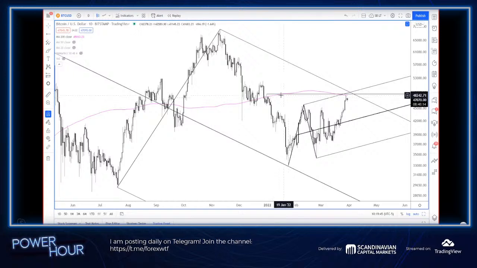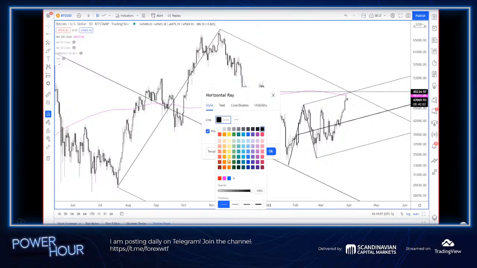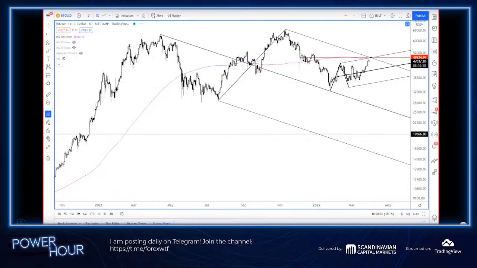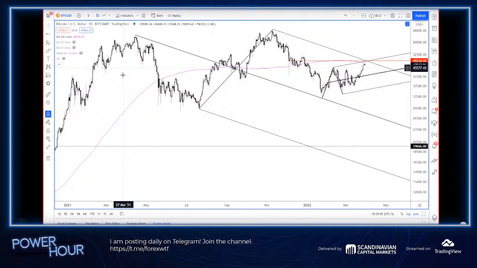So 49,000 might be the place to watch. And I just noticed this. Remember that big crash back in early December? The close of that day, I guess that's kind of silly to say because these cryptos don't really ever close, but whatever, that day is 49,000 as well.